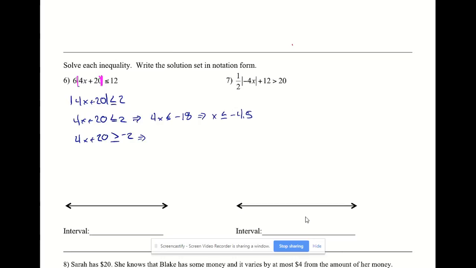Second inequality, subtract 20 from both sides, and I get 4x greater than or equal to negative 22. Divide both sides by 4, and I get x greater than or equal to negative 5.5.